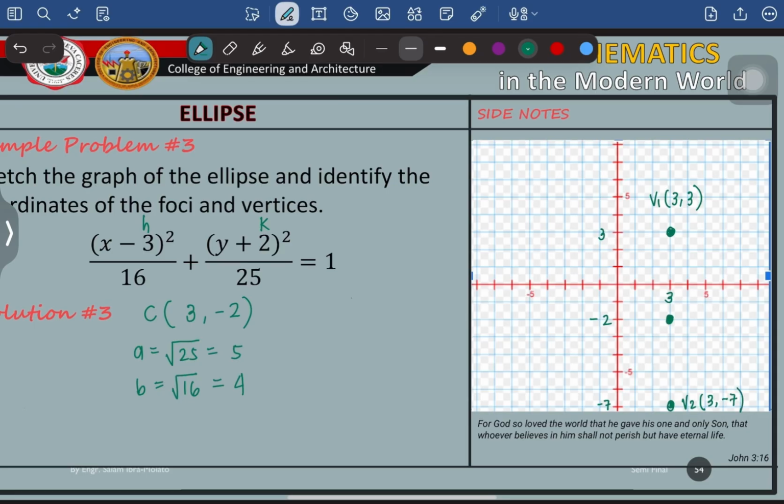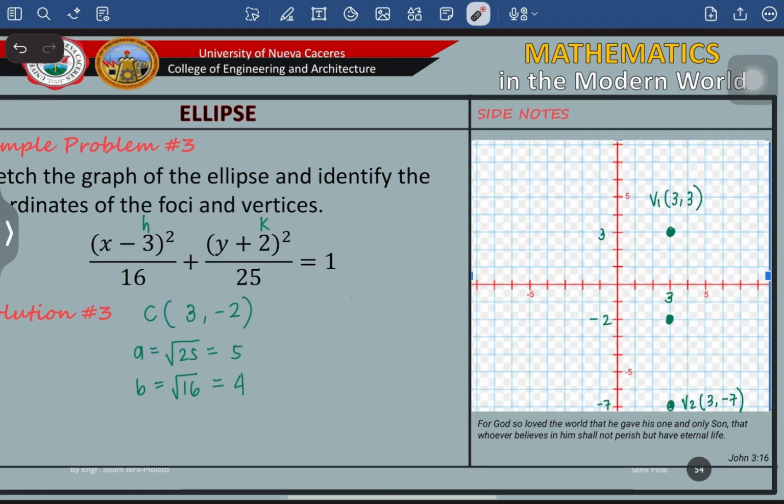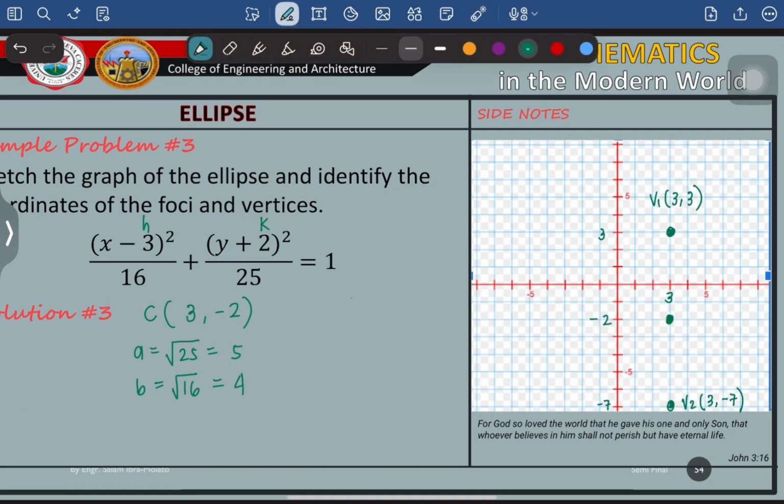Then for the semi-minor axis, so we will count 4 units away from the center. So 1, 2, 3, 4. So this is located here for the third vertex. So that is -1. So v sub 3 is -1, -2.